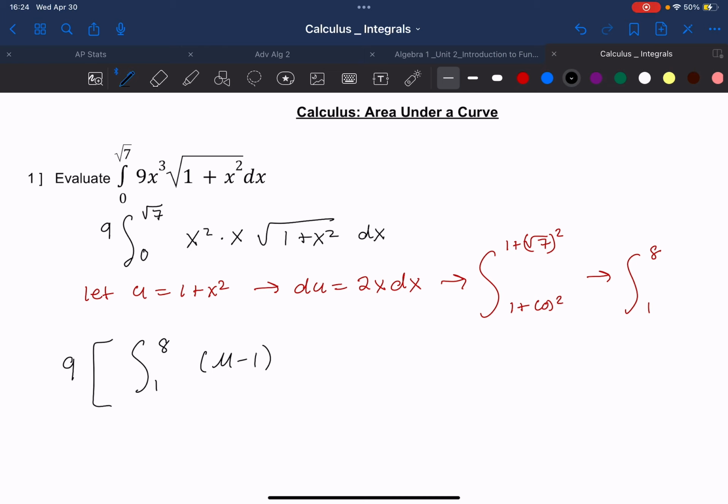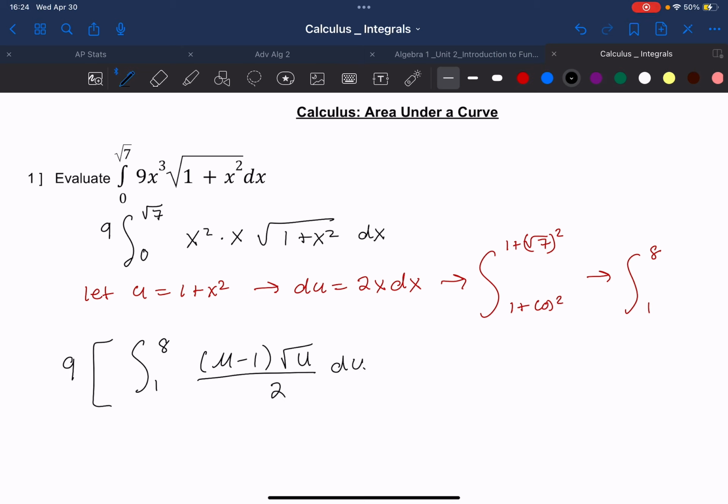It should be u minus 1. And then, of course, instead of 1 plus x squared, this is going to be the square root of u. And then since my derivative of u, my du, gave me 2 times x, I don't need that 2 in there, so I'm going to end up dividing everything by 2 when I multiply the du.